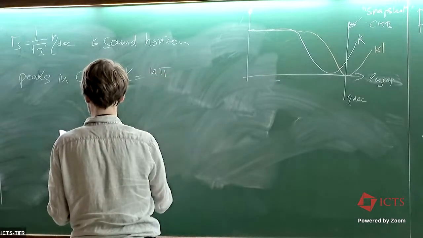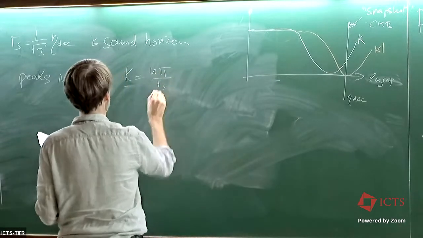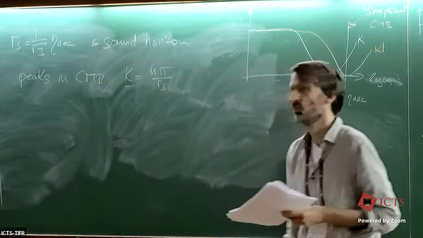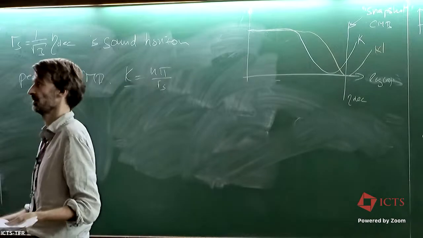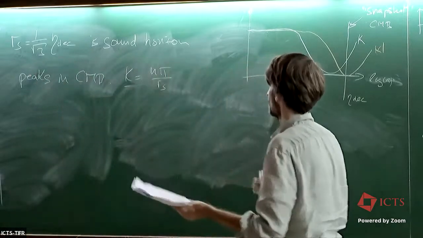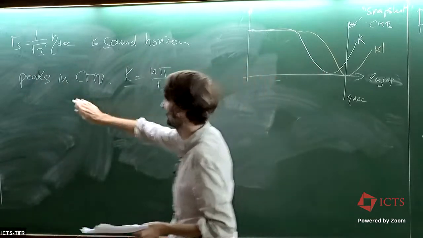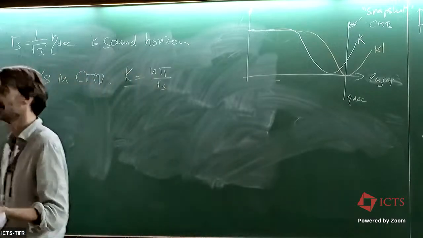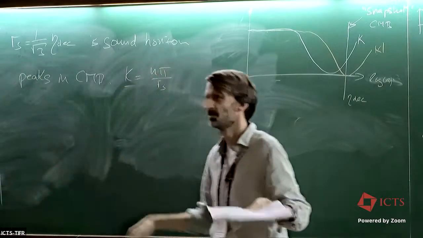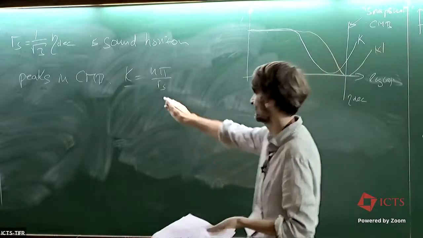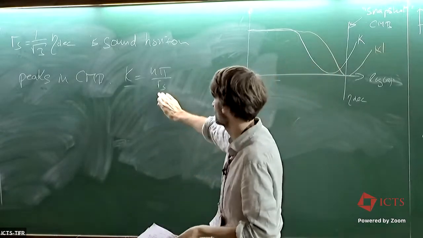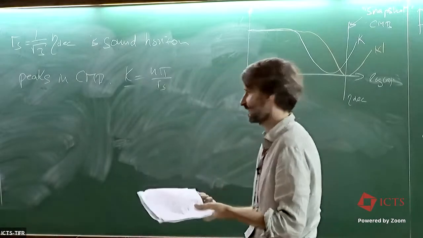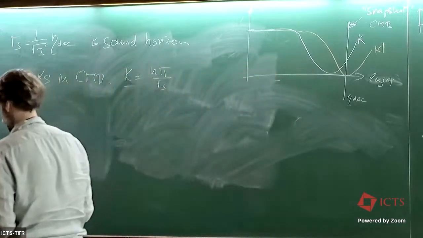So it's n pi divided by r_s. This is why the sound horizon is such an important quantity in cosmology, because it relates to the peaks in the CMB. You can imagine that measuring the amplitude and shape of the CMB is complicated, but measuring the peaks is a very clean thing to do. So this is why we have such a good observational handle on the sound horizon.